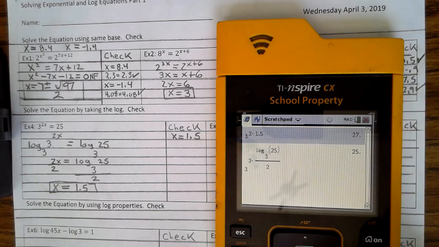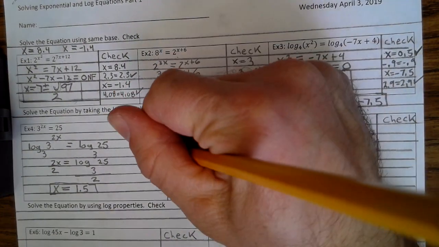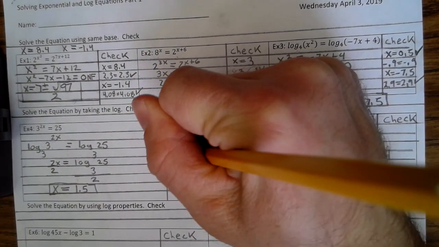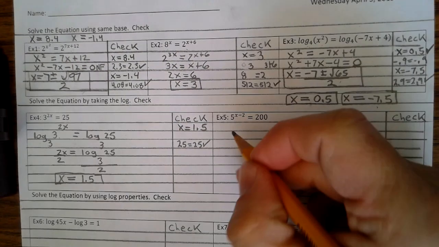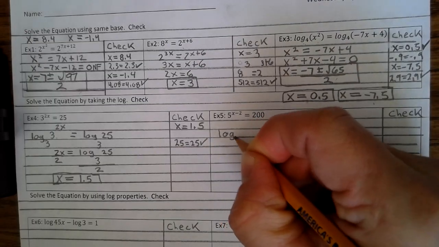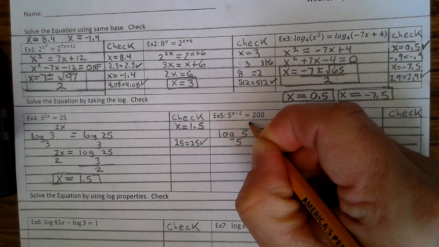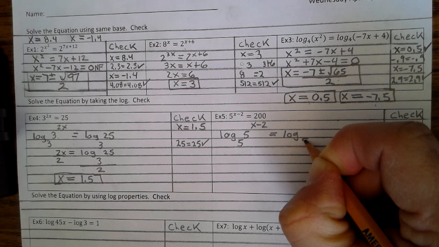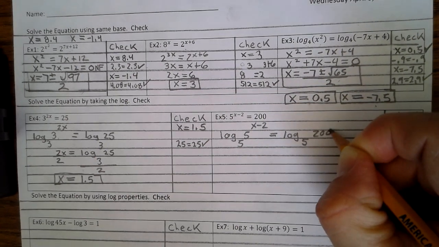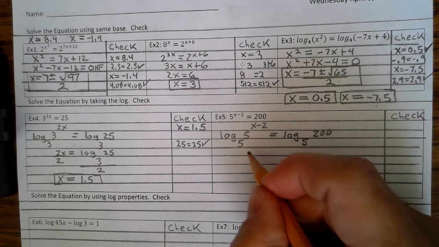Okay, let's take a look at example 5. So we're going to do log base 5 of 5 to the x minus 2 equals log base 5 of 200. That becomes 1, so you're left with x minus 2 equals log base 5 of 200.